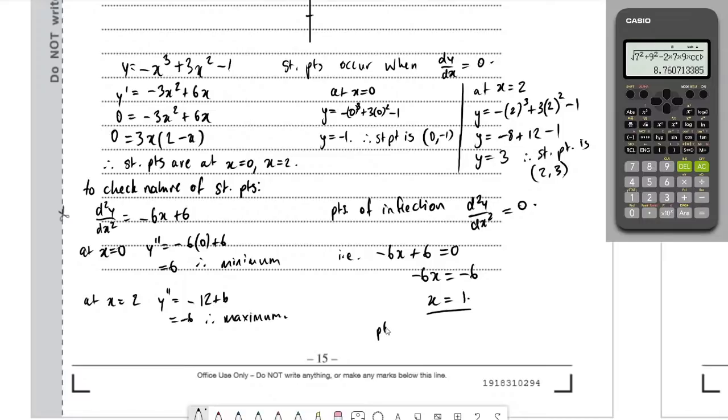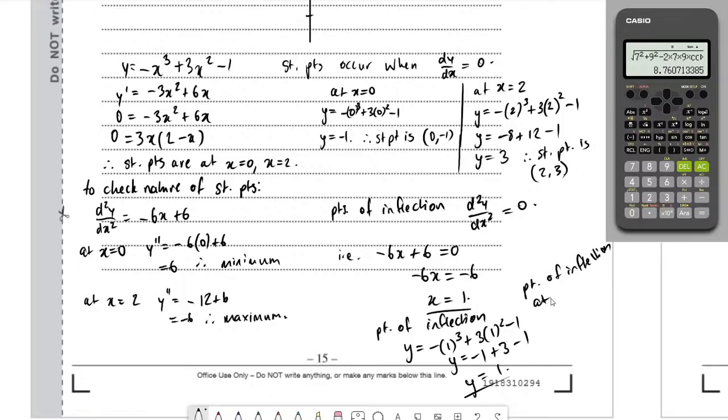Now for the y value, substituting this into my original equation: minus 1 cubed plus 3 lots of 1 squared minus 1, because again, we want to find the exact location of this point. So it's minus 1 plus 3 minus 1. So y is going to be equal to 1. So the point of inflection is at (1, 1).